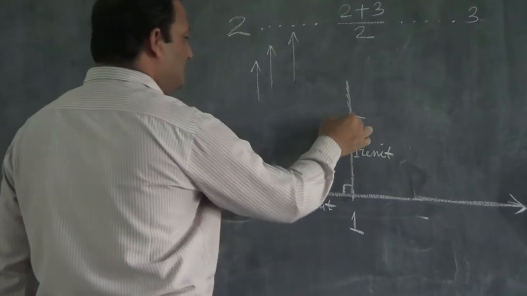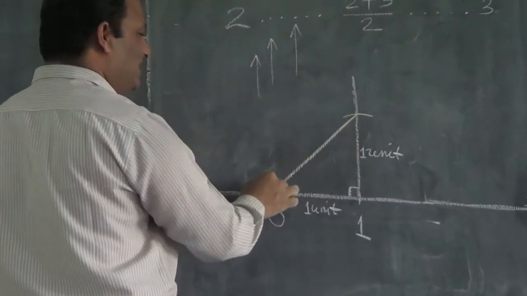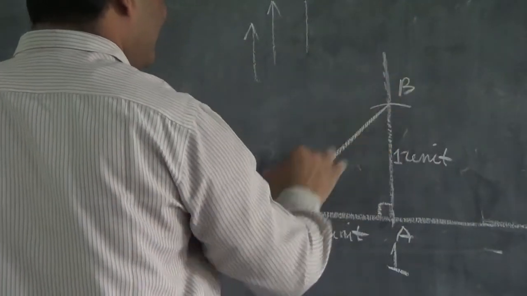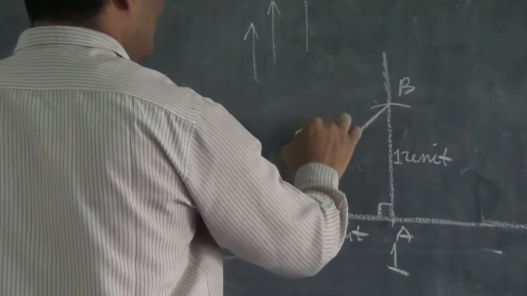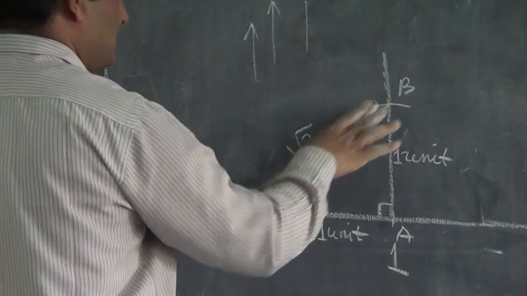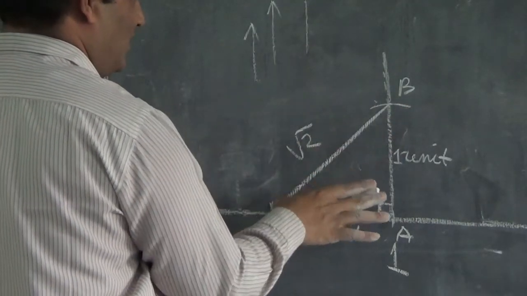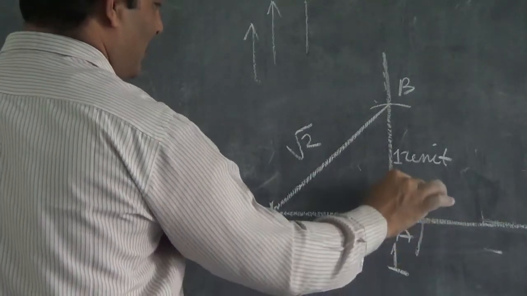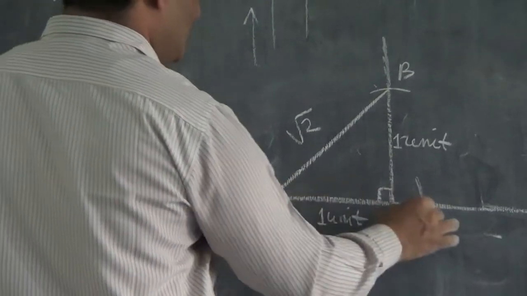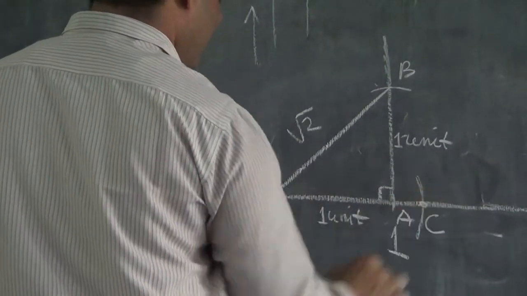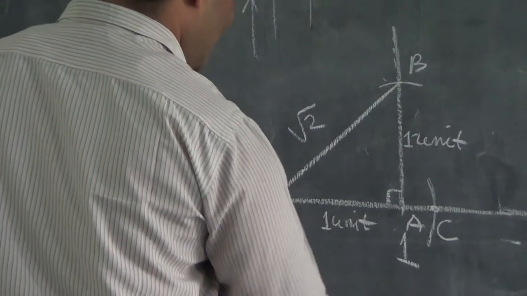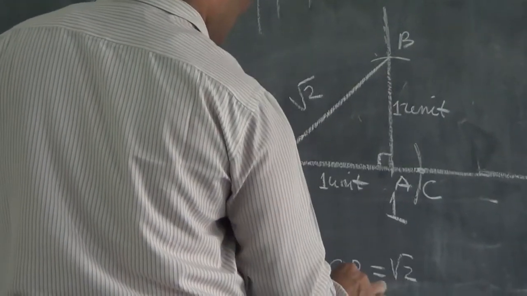And now by using the Pythagoras theorem we can find this, name it A, B, this OB equal to root 2. Then measure the length OB with the help of compass and with OB as radius and O as center, draw one arc here, and this point I am naming C. OB equal to root 2 and that equals OC also.